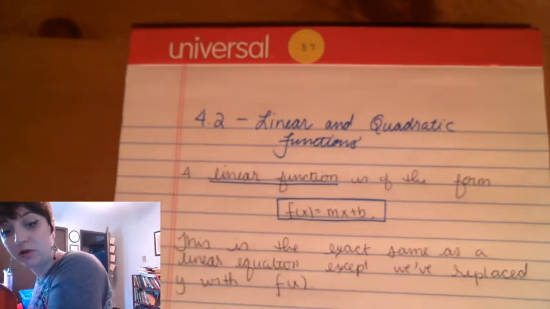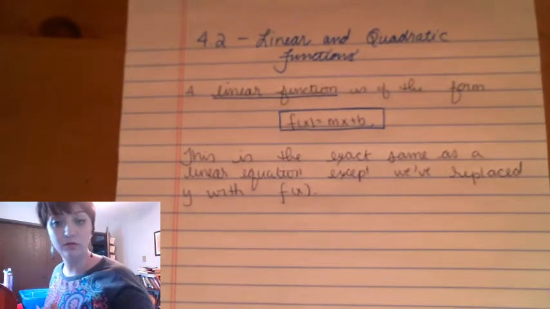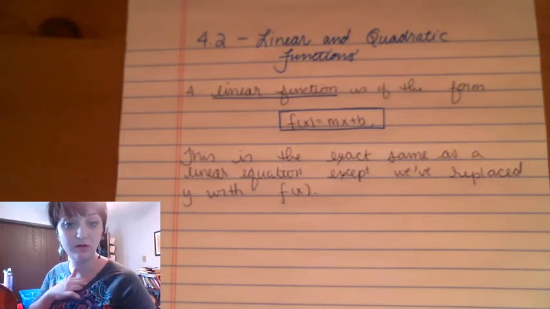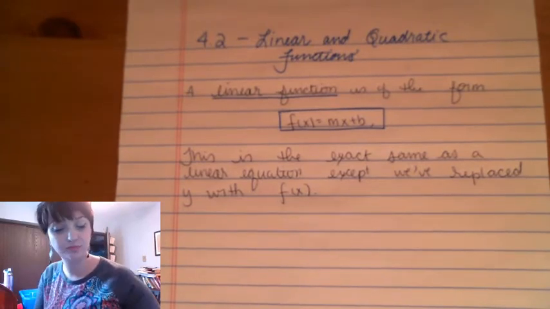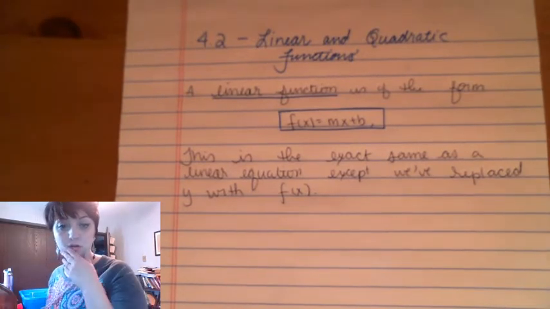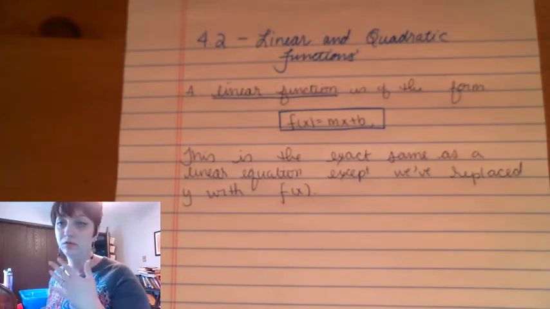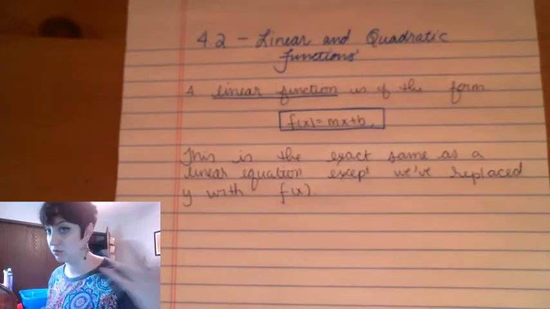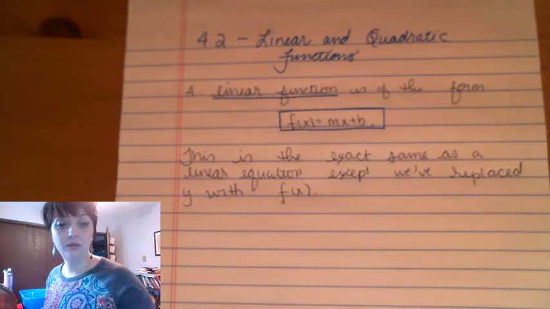We replaced y with f of x, and that's what all of 4.1 was about, writing stuff with function notation instead. Okay, so they have you graph. Literally all you're doing is graphing a line. I do want to do one example.